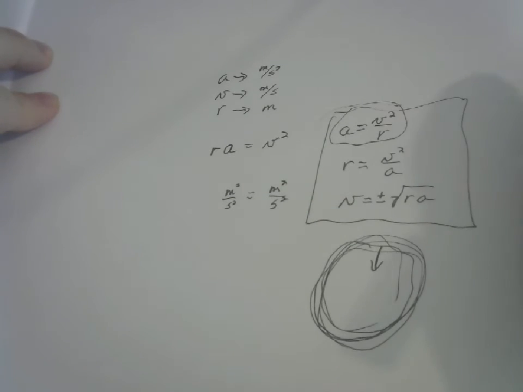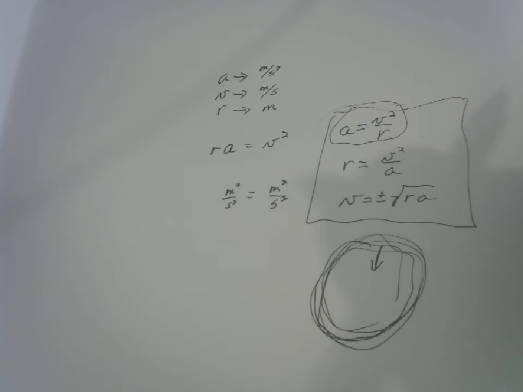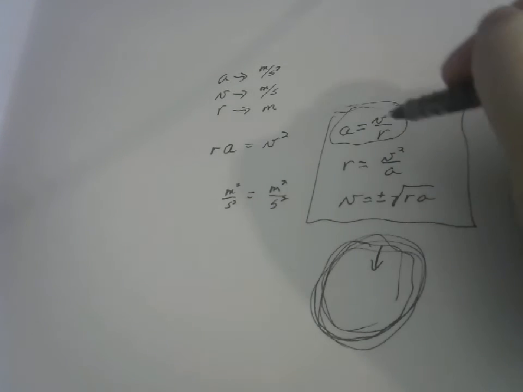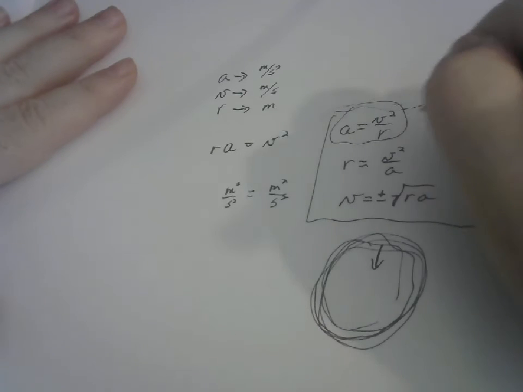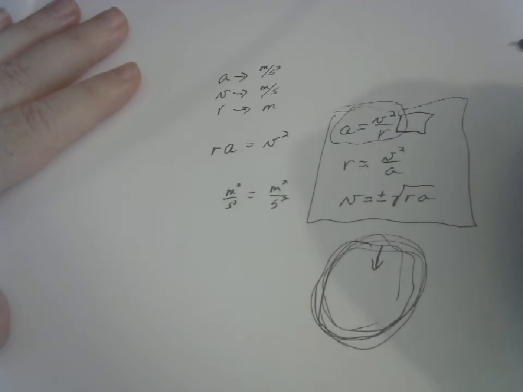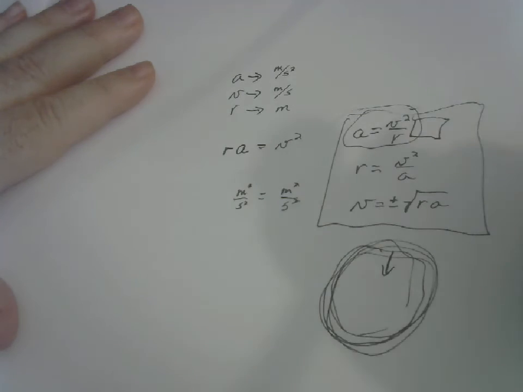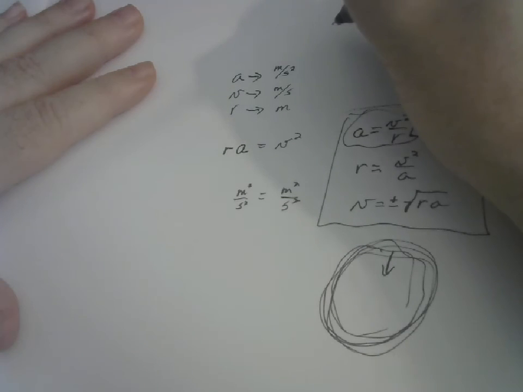That doesn't always happen. Sometimes you get an equation where you get the right units, but there's often a constant between them. For instance, there's an equation for gravity.